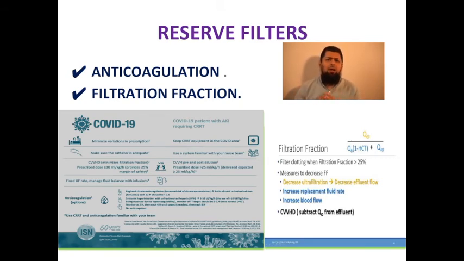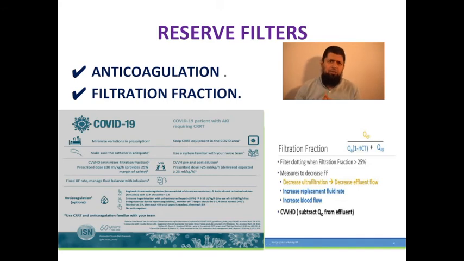Among the patients at high risk for hypercoagulable state are the AKI patients or patients needing renal replacement therapy. So we will discuss with the ICU team whether they will put the patient on therapeutic anticoagulation or not. Otherwise, we will use unfractionated heparin with monitoring of APTT, or we can use low molecular weight heparin with monitoring of the anti-factor Xa level, which is available in our hospital.